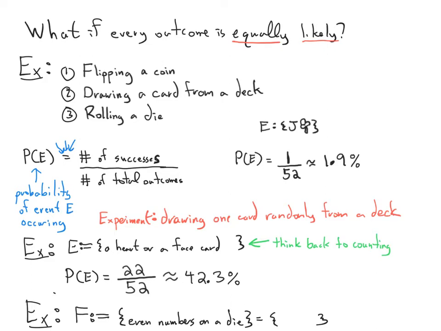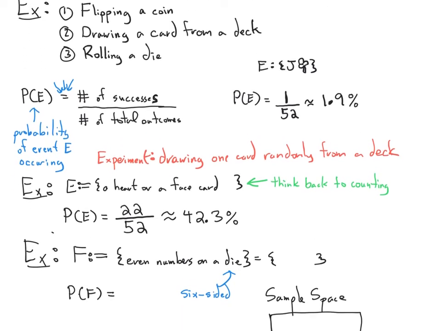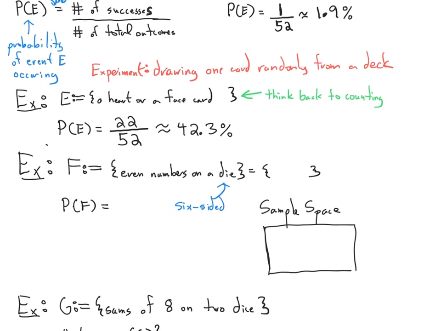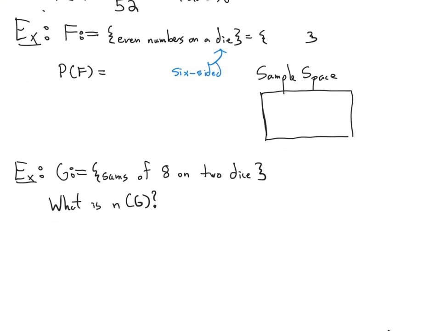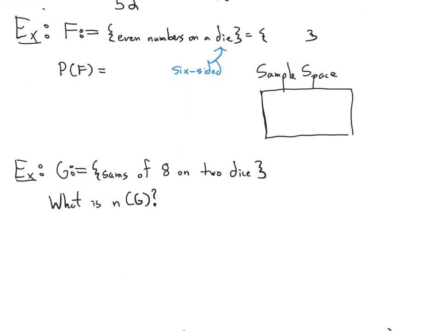Let me scroll down here. So our experiment here, let me be kind of explicit. Our experiment is rolling a die, a regular old 6-sided die, and recording the outcome.